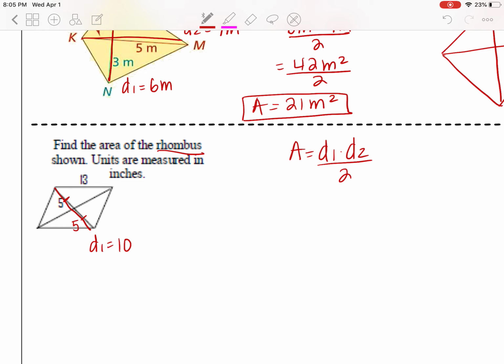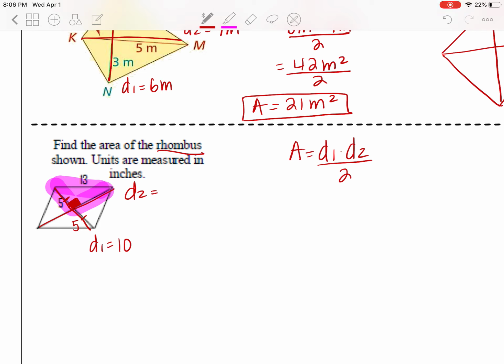Now, we need to be able to calculate the length of our second diagonal, but we don't know it. So we need to be able to calculate that. Again, let's recall that the diagonals in the rhombus are perpendicular to each other. So you can already start thinking about how we can solve for that length of the diagonal.